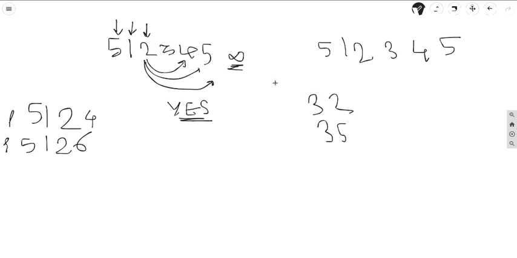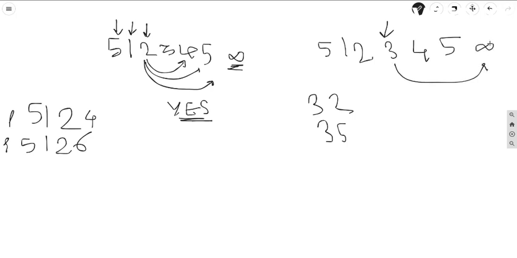In the second example, if our given database string is this, after coming to the first occurrence of 3, after that we don't have any occurrence of 2, so we can say that the next occurrence of 2 is infinity.